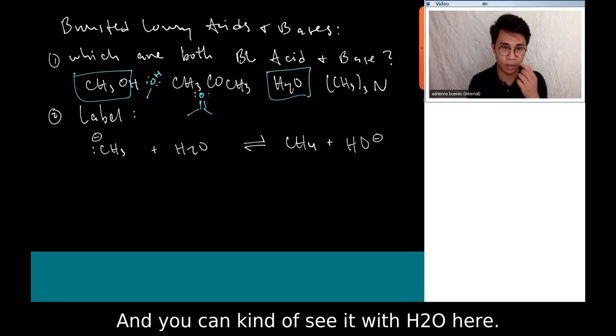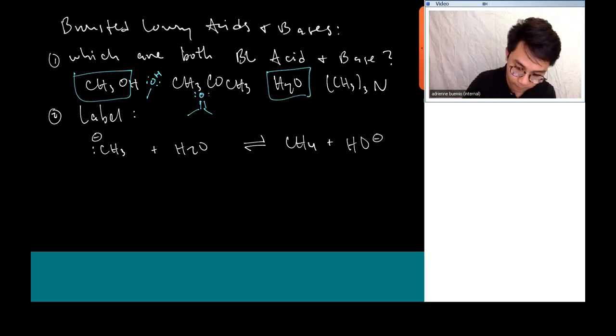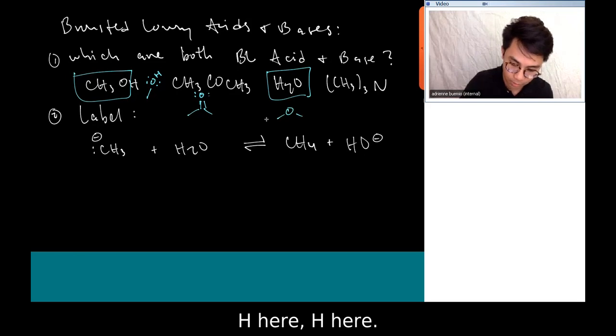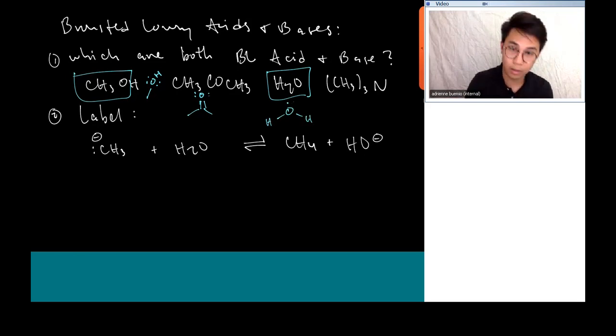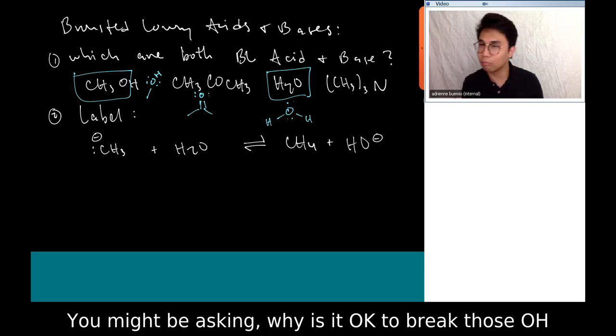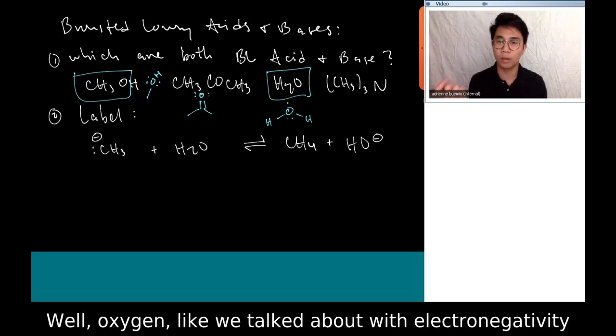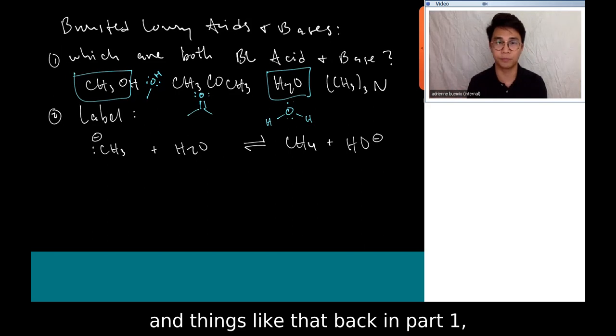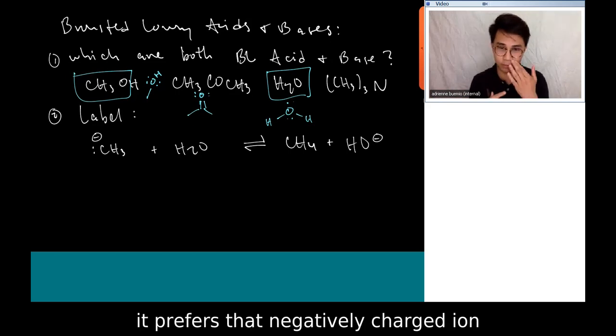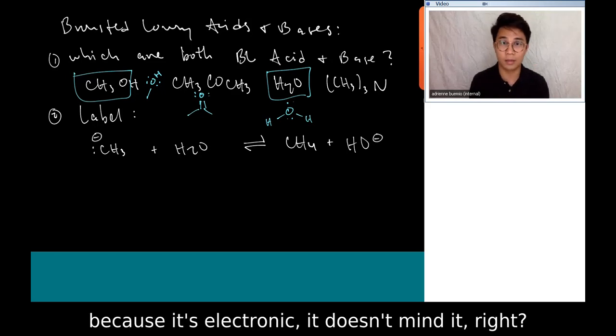And you can kind of see it with H2O here. H here, H here. You might be asking, why is it okay to break those OH bonds? Well, oxygen, like we talked about with electronegativity back in part one, prefers that negatively charged ion because it's electronegative.